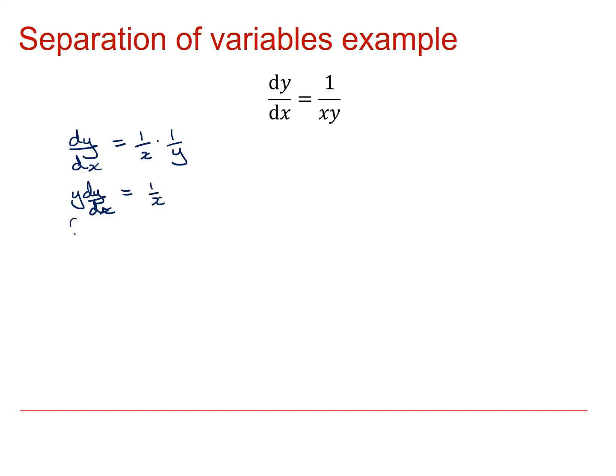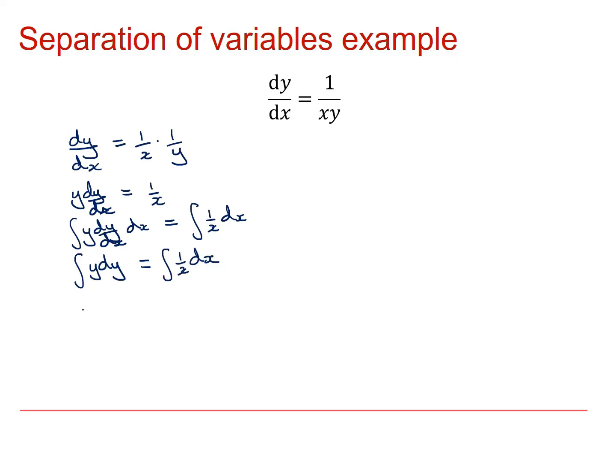Integrating both sides, I'm going to get the integral of y dy by dx dx is equal to the integral of 1 over x dx. And I've integrated both sides with respect to x. This here simplifies down to just the integral of y dy, and that is 1 over x dx.